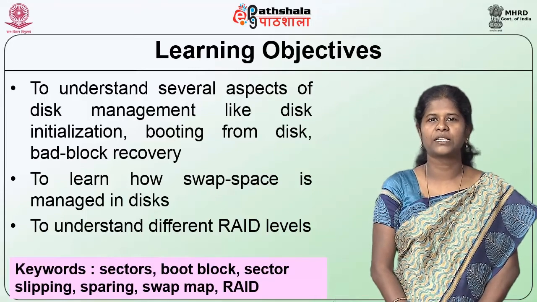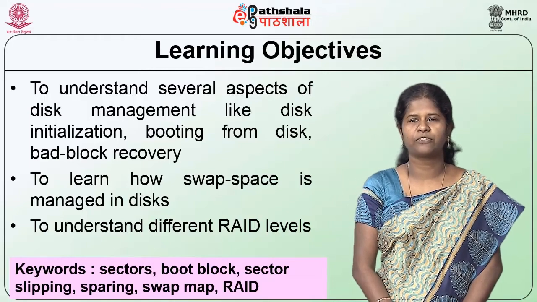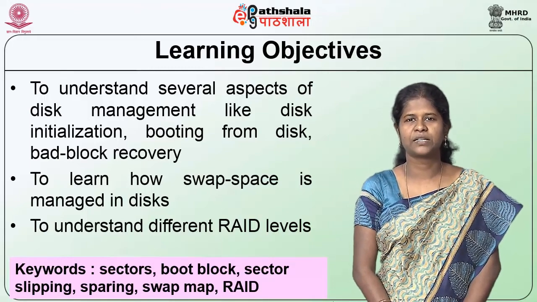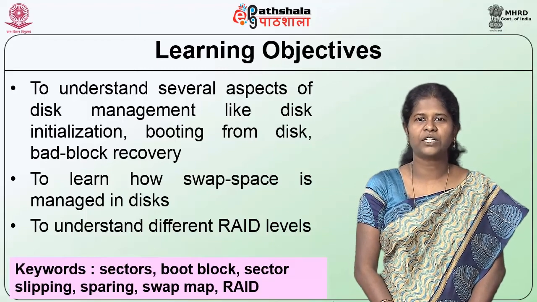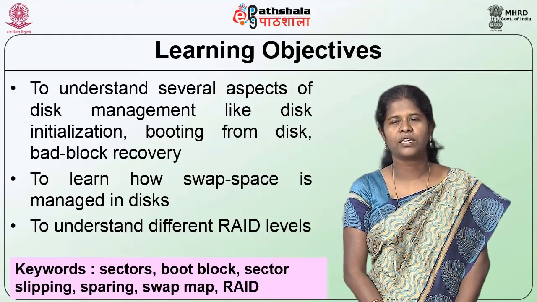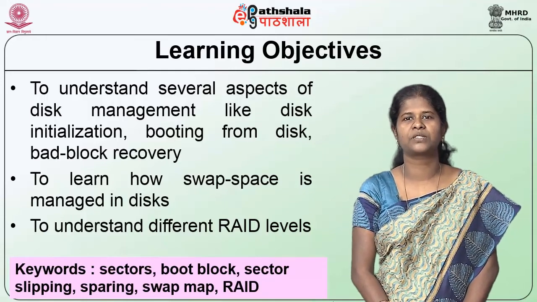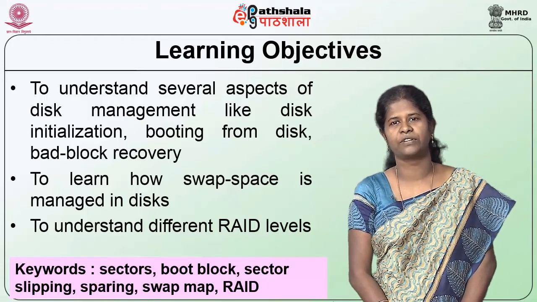We have been looking at different aspects related to file systems for the past few modules. A file system is the most visible part of the operating system, and it is divided into three major categories. One is where the users and the application programs interface with different operating system modules for the implementation of the file system.